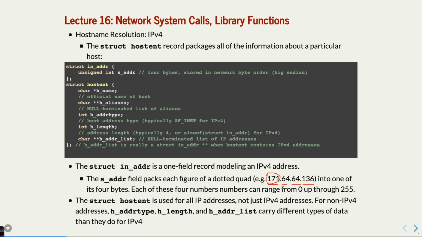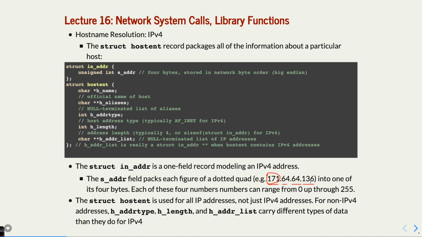Because these are just bytes, the IP version 4 address is 4 bytes long, or 32 bits: 171.64.64.136. Now, what order are those bytes going to be in? This is the 107 stuff I was talking about too. When you have a 4-byte number on your system, there are 2 different orderings we could use. Remember what they were? Little endian and big endian.